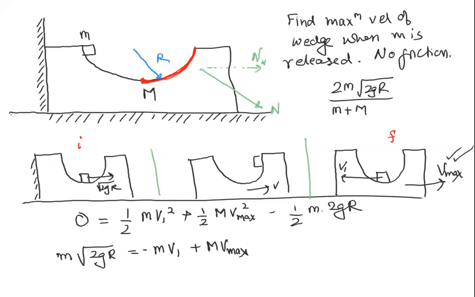Right? So basically we have mgr is equal to half mv1 square plus half capital M v max square. Now, is the solution to this v max equal to this, or is it what you have written?